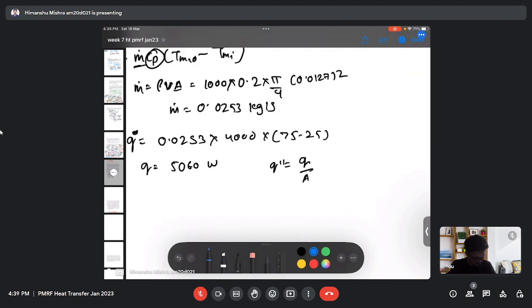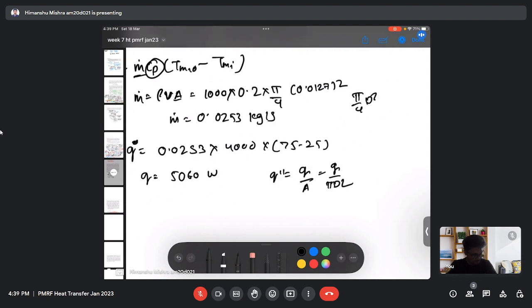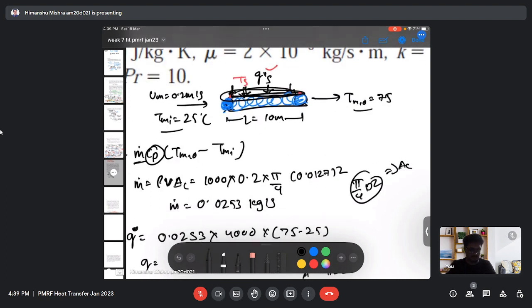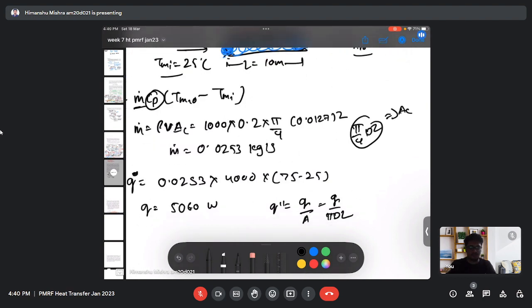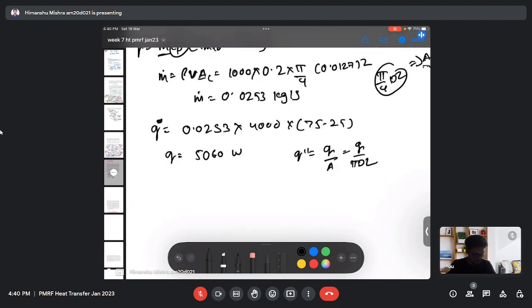So this will be Q pi dl. So earlier I used pi by 4 d square as a cross-sectional area, which is indicated by these blue lines, and my surface area over the surface of the pipe is pi dl.